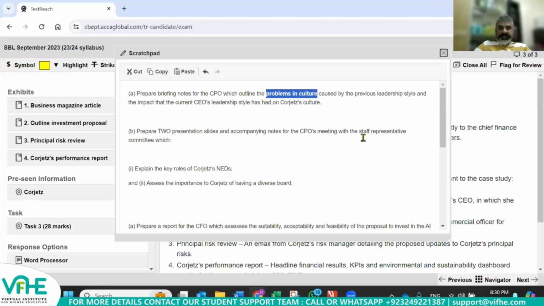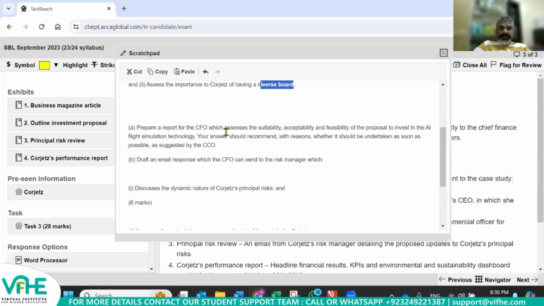Second one is explain the key roles of NEDs. Assess the importance of having a diversified board. So I know the topics now. I'm just highlighting the topics: problems in culture, NEDs, diversified board.